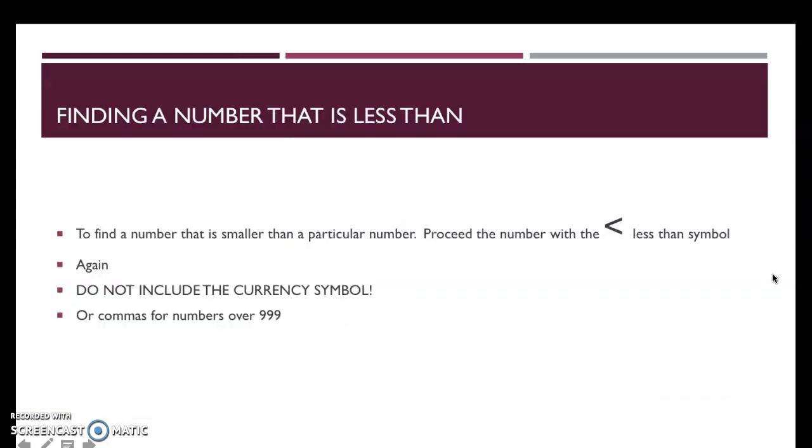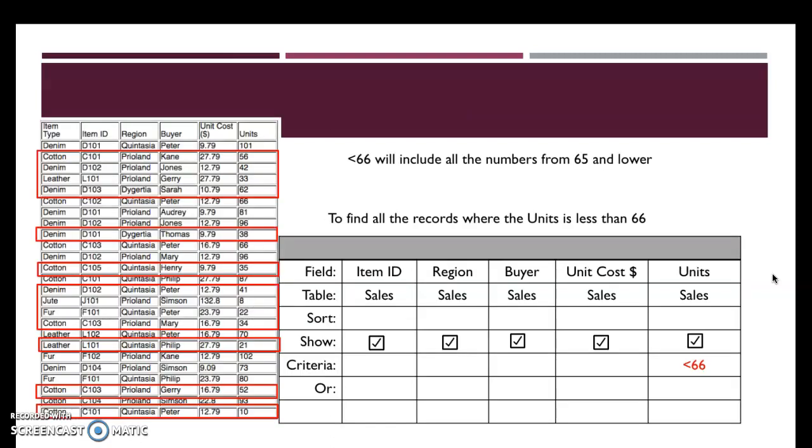It's the same thing when we come to the less than. To find a number that is smaller than a particular number, we're going to precede that number with the less than symbol. No currency, no commas. So, less than 66 will include all of the numbers from 65 and lower. It's not going to include 66 because there is no equal.